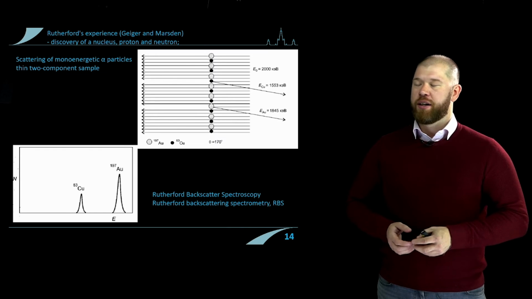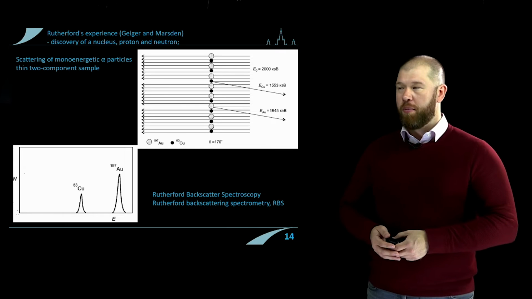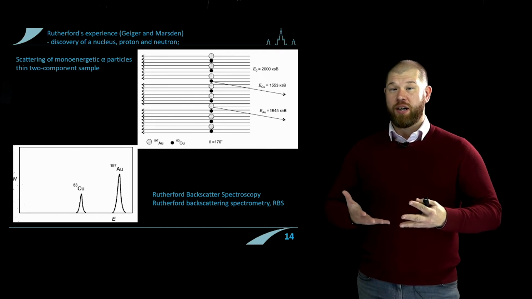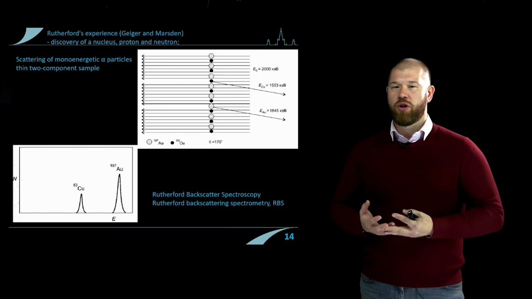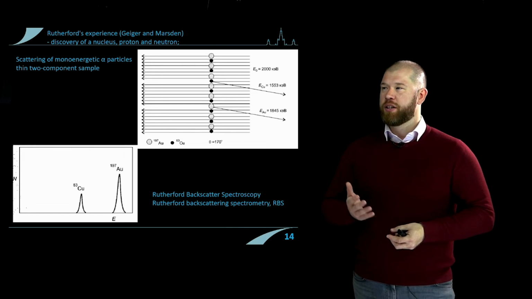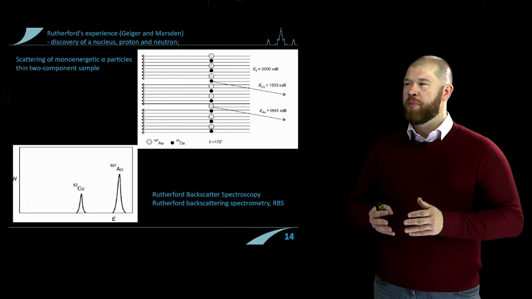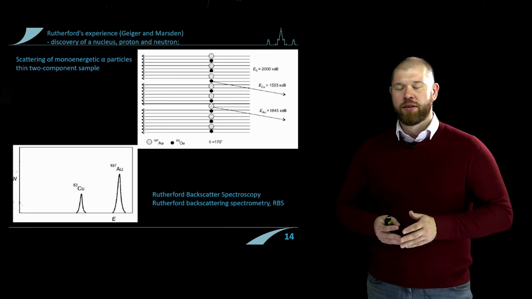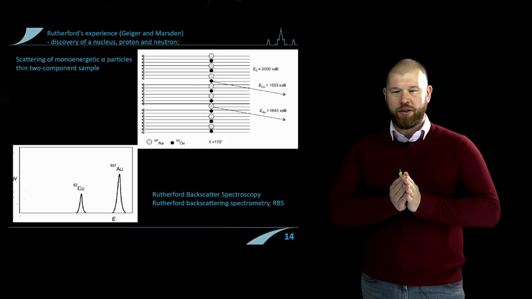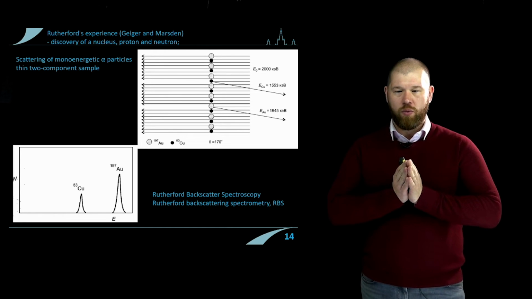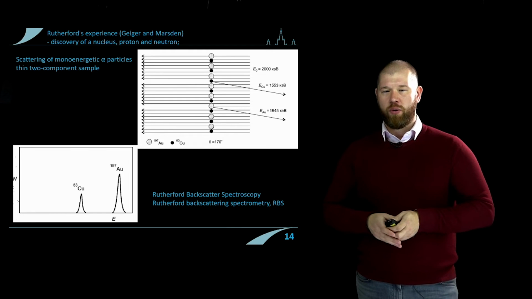The classical example is the use of alpha particles to discover the structure of atoms. These were the experiments of Rutherford, where he, with his assistants, observed the scattering of alpha particles going through a very thin gold foil.